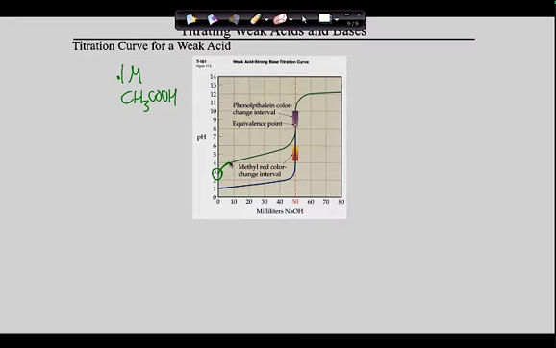Initially, as you add this strong base to the acid, that strong base just tears this acid apart. But as it does, the product of that reaction is, and we talked about this two homework assignments ago, actually sodium acetate.